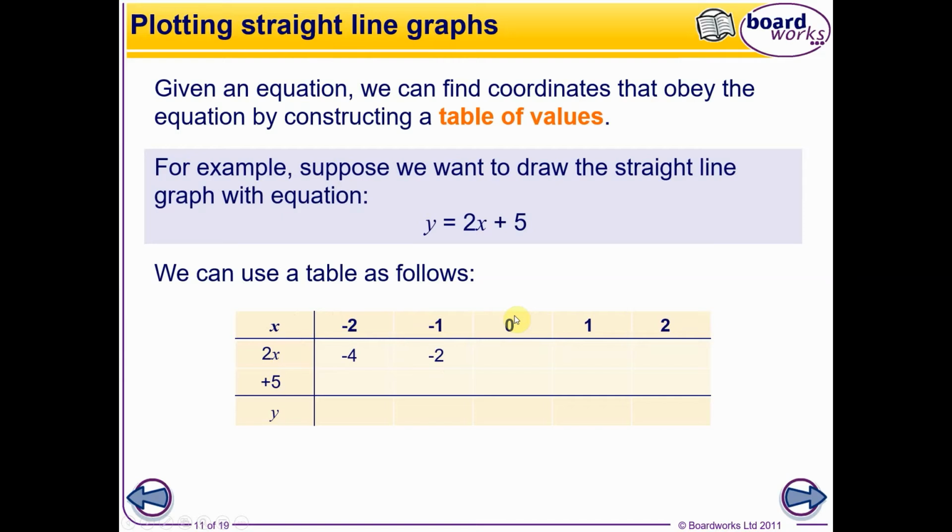We have 0 times 2, which is, of course, 0. Here we have x is equal to 1. So 2 times 1, which is equal to 2. The x here is equal to 2. So we have 2 times 2, which is equal to 4.